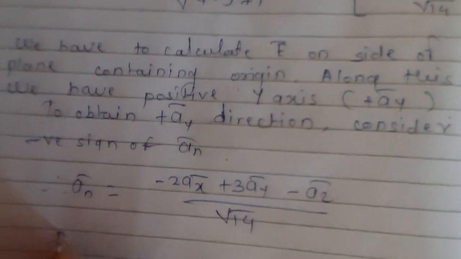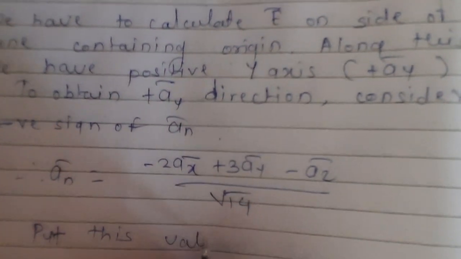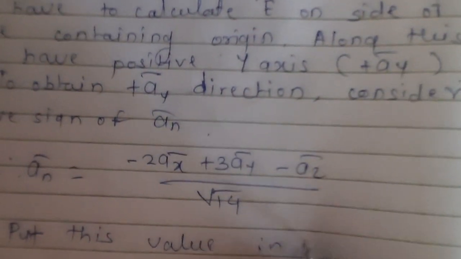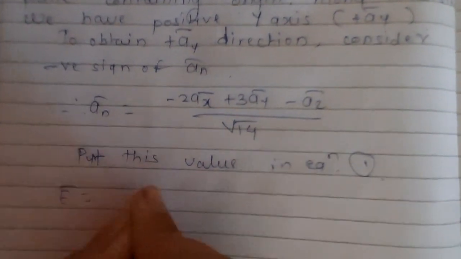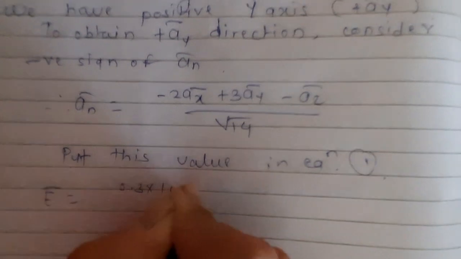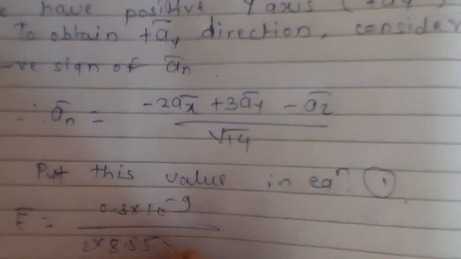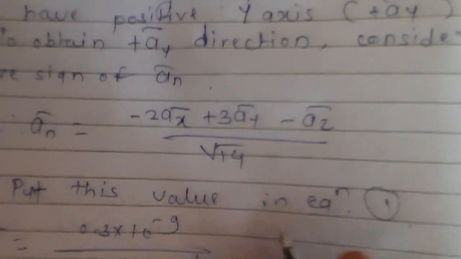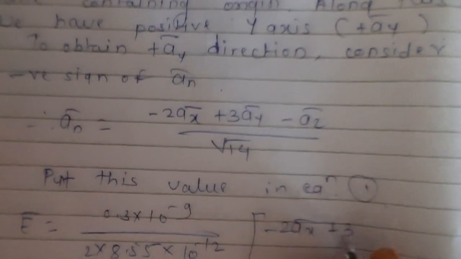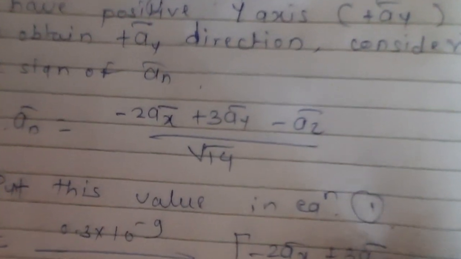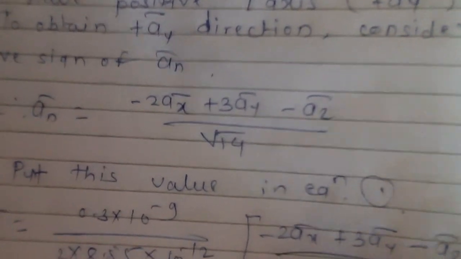Now put this value in equation 1. So E bar is equal to 0.3 into 10 raised to minus 9 divided by 2 into 8.85 into 10 raised to minus 12, times minus 2ax bar plus 3ay bar minus az bar divided by square root of 14.